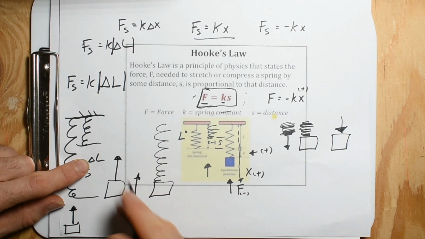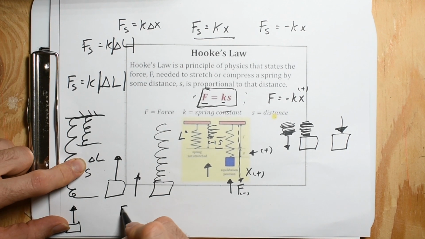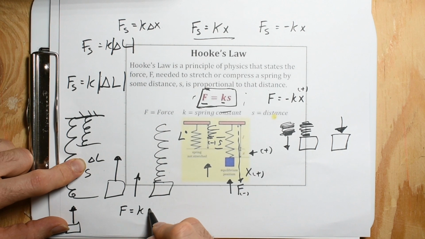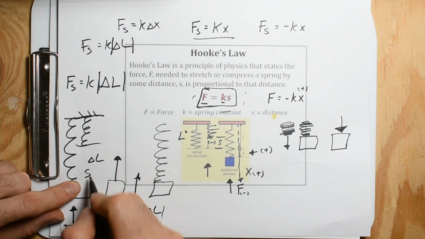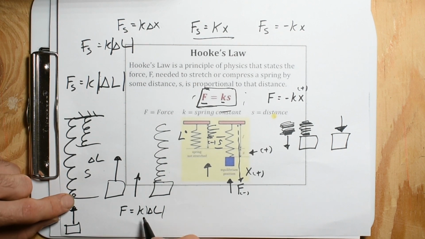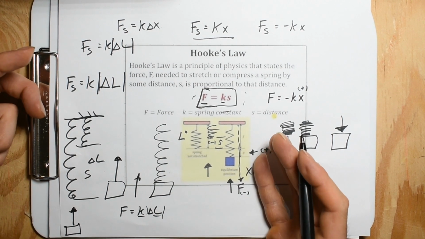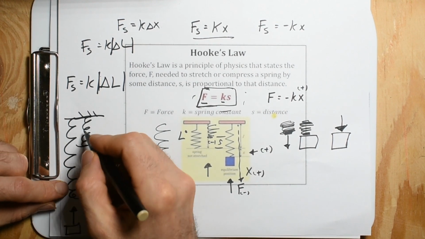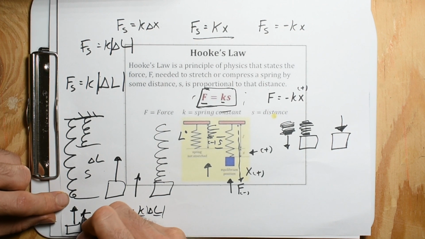So there you go. If I did this problem, I could just do force is equal to k times change in length, which I have been doing with kind of the absolute value. So I found the change in length, multiplied it by the spring constant, identified a force, and I just know visually it's in this direction.